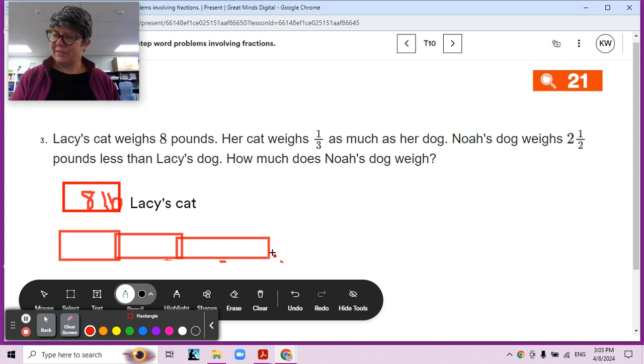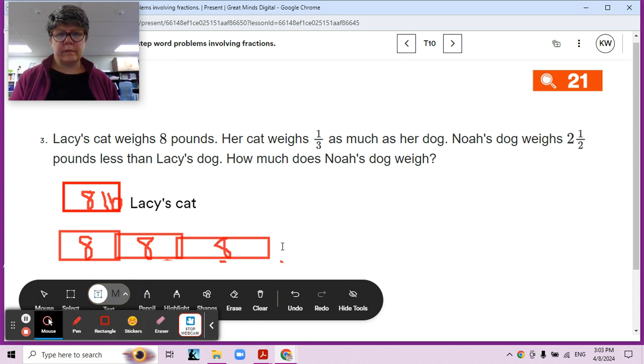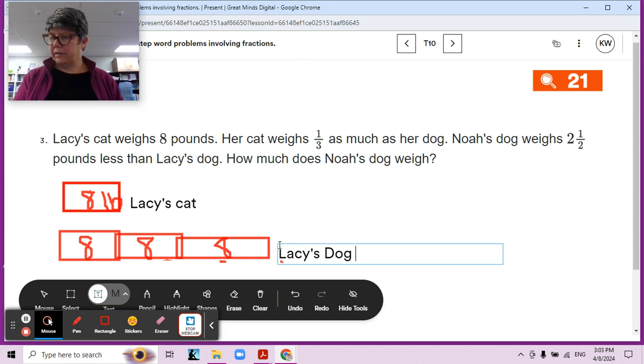Do you see how that works? Right? And since we know that the cat is 8, that means that each of these blocks would be 8. And that would be Lacey's dog.